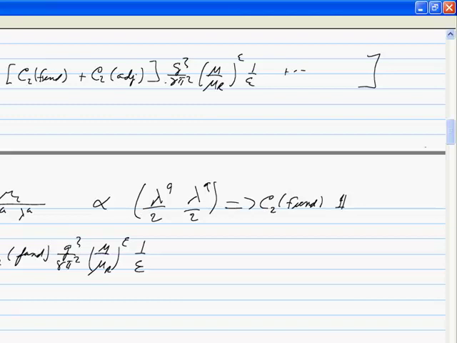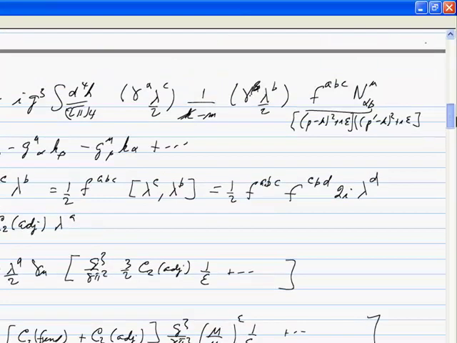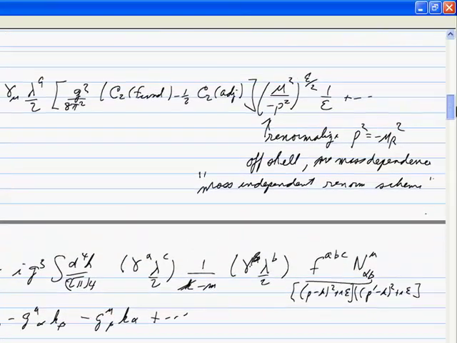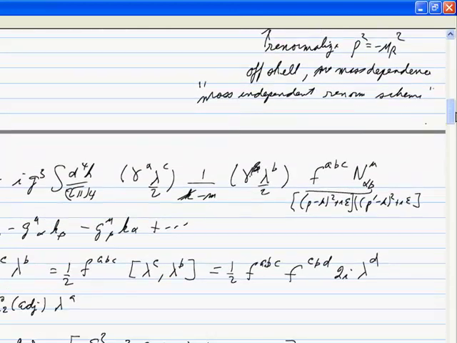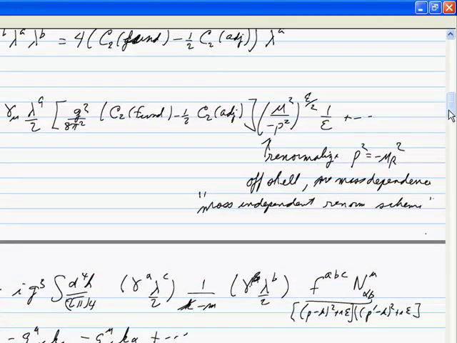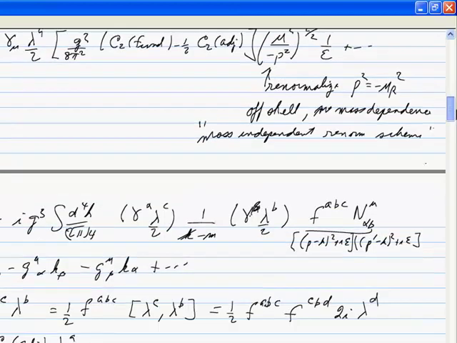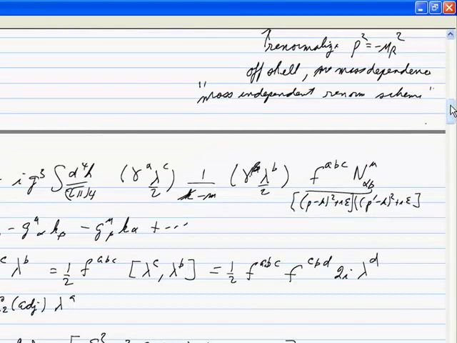It will still depend on that. We'll still have a piece left over from that. And just to look ahead, that piece came out of both of the other calculations. It came out of the fermion side, and it came out of the gluon side. So I'll piece those together in a minute.